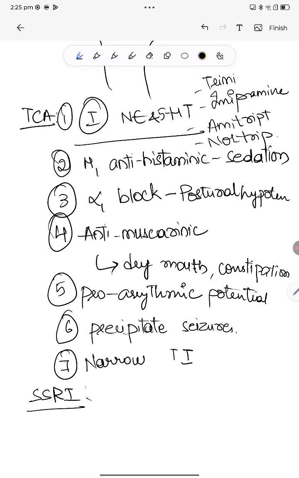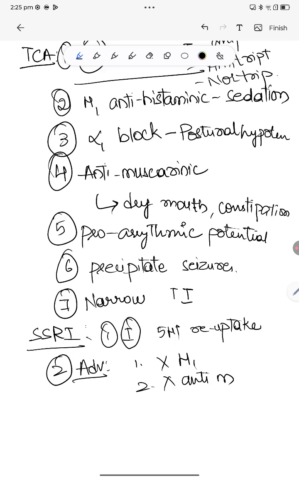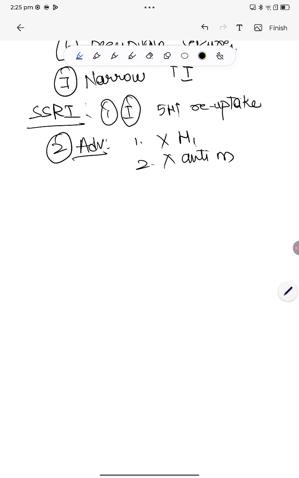Now, SSRIs. They primarily inhibit serotonin reuptake only, and they have a lot of advantages over TCAs. The most important advantages include: first, no H1 antihistaminic blockade; second, no antimuscarinic action; third, no alpha 1 blockade.